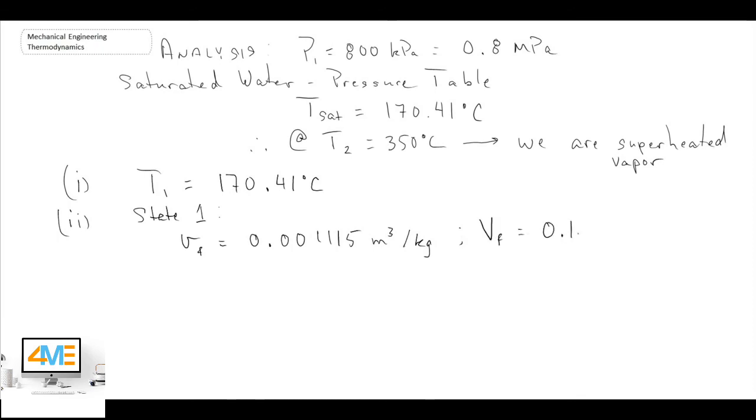It was 0.1 meters cubed. And we know the specific volume of the vapor phase, and we also know from the problem statement that the vapor volume is 0.9 meters cubed. Therefore, we can determine the mass of the liquid.